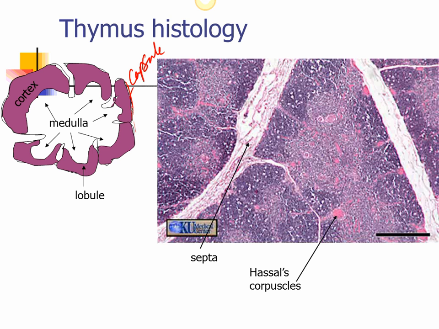This capsule sends in little septae inside. Septae are like little walls inside. So these are septae. This is a septum. Septum is singular; septa or septae are plural. When it sends these septae inside, it breaks each lobe into tinier bits known as lobules.